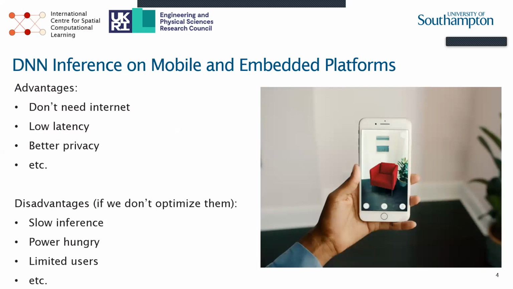Running inference on mobile and embedded devices has several advantages. If we run everything locally on device, we don't need to connect to the internet to use the model. Because of that, we can have lower latency and better privacy.